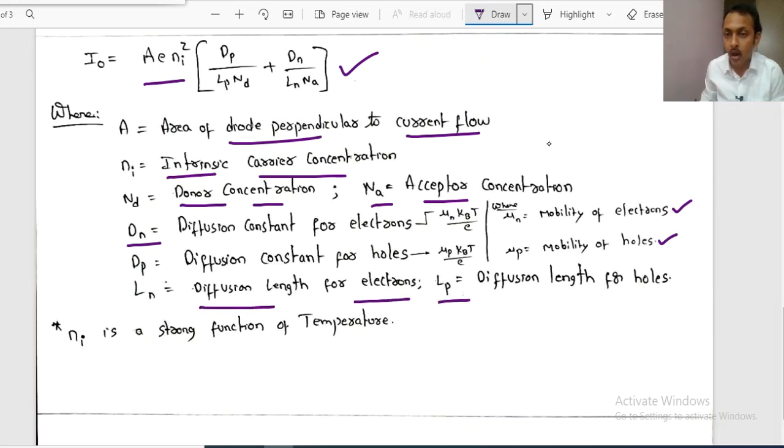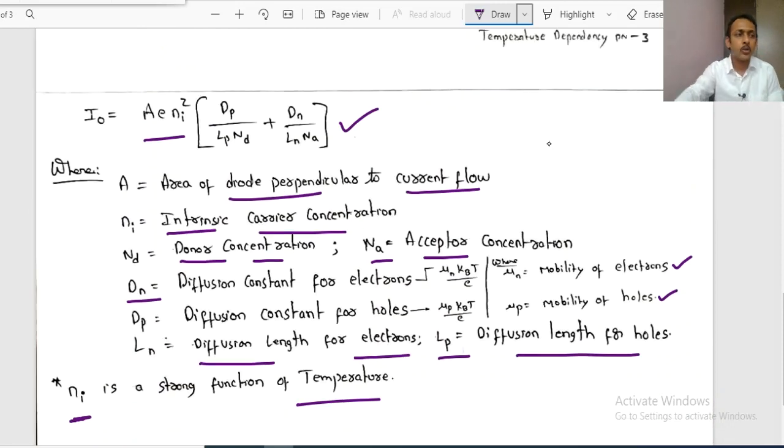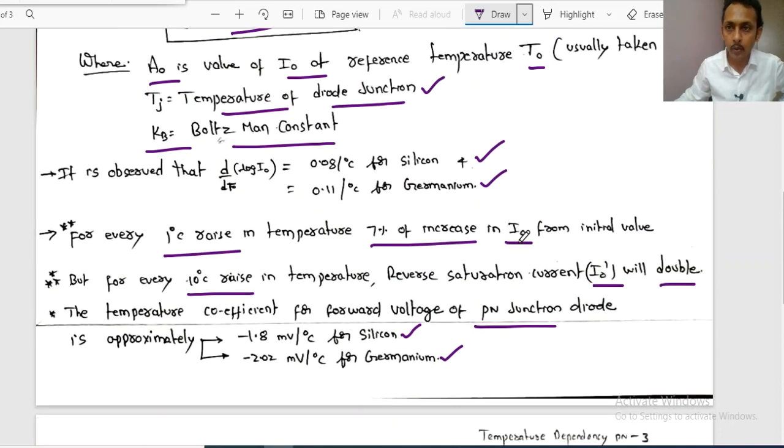Lp indicates the diffusion length for holes. So now if you observe, this ni, the intrinsic carrier concentration, is a strong function of temperature. So this is all about the temperature dependency of a PN junction diode.